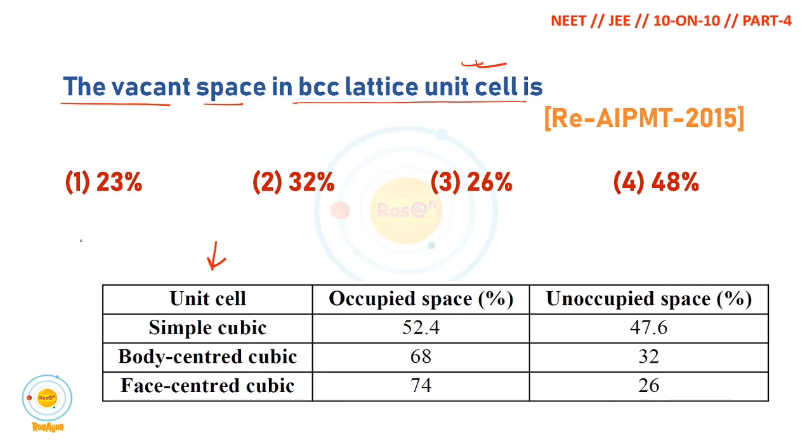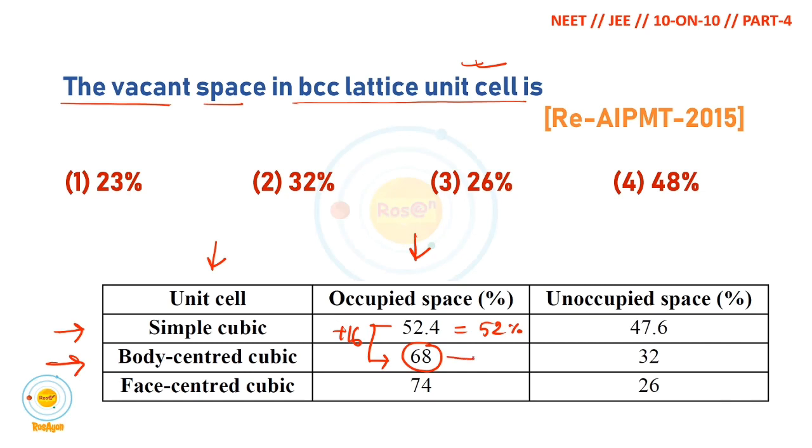Here I give a trick. The trick is, you only have to remember the occupied space for the simple cube, that is 52%. Now for the BCC unit cell, that is 68%. If you add 16 to 52, you get 68%.